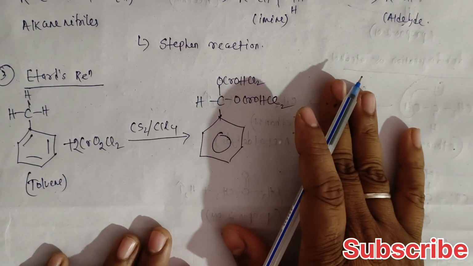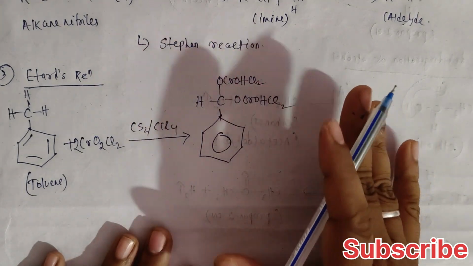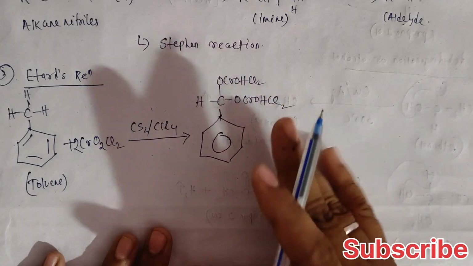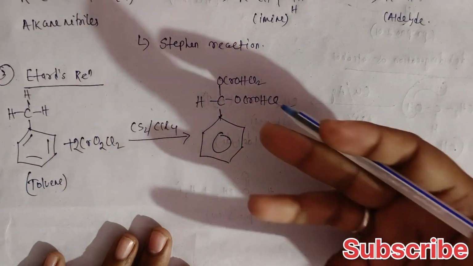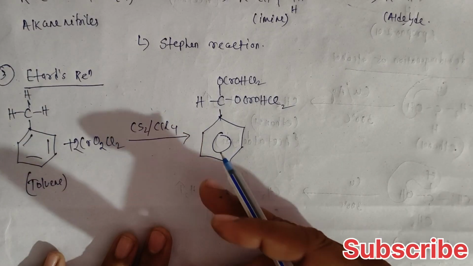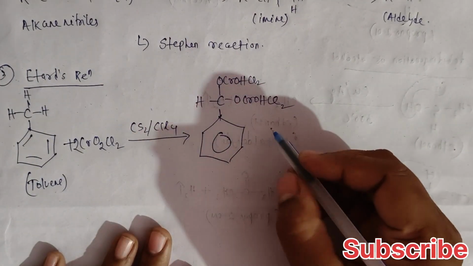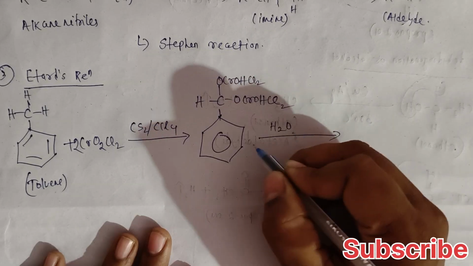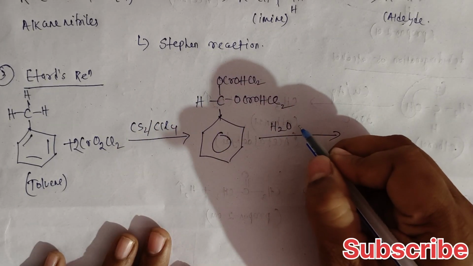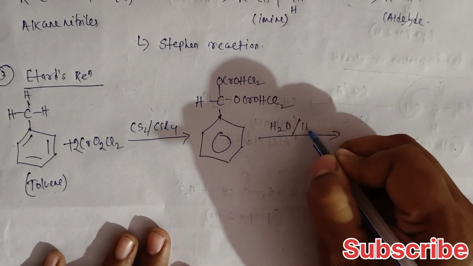In those videos I clearly explained how the reaction takes place and what its mechanism is, which reagent attacks which side. After this, the compound will undergo hydrolysis, meaning H2O will be added in presence of H+.